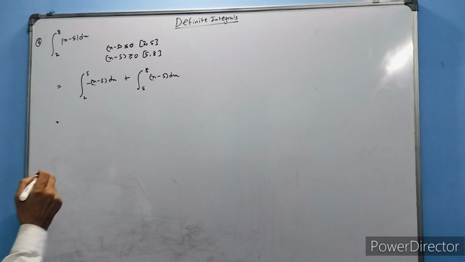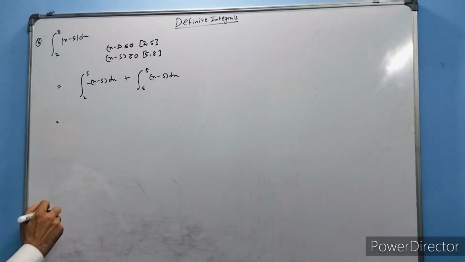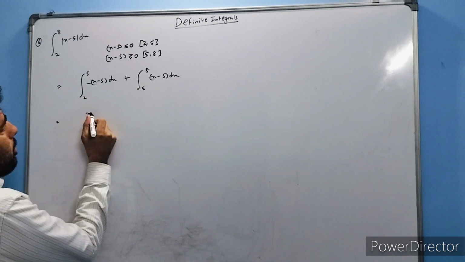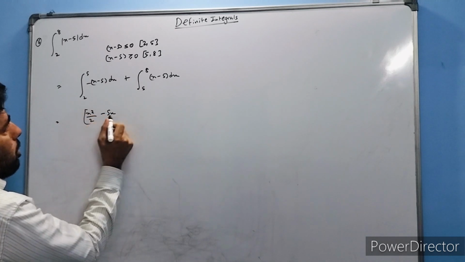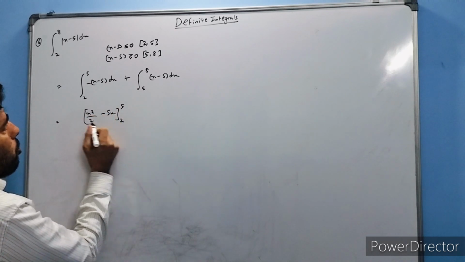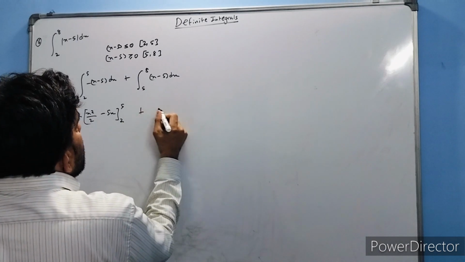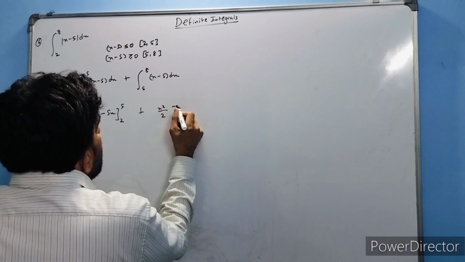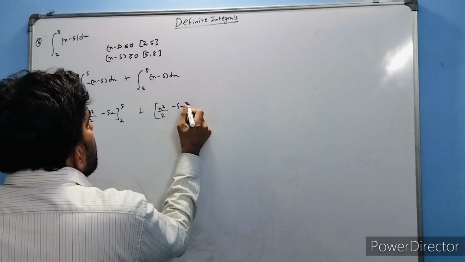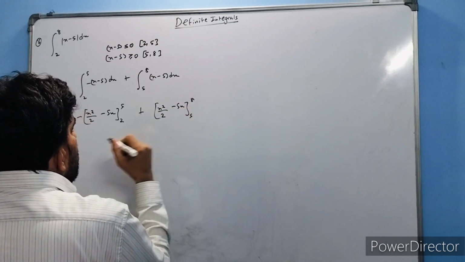So now we apply the property: from 2 to 5, x minus 5 will be negative, plus from 5 to 8. Now we'll solve this. First we integrate: x square by 2 minus 5x, the limit is 2 to 5, plus the same with limit 5 to 8.